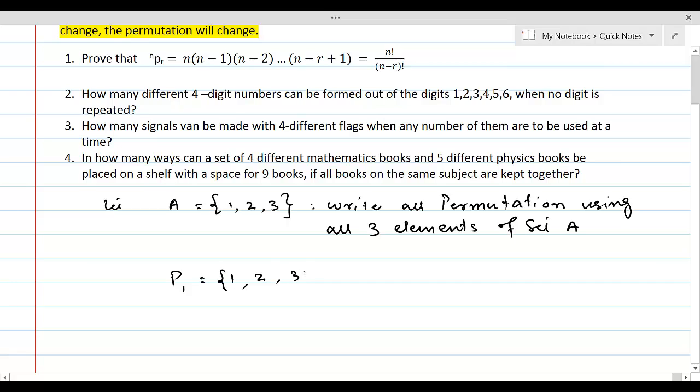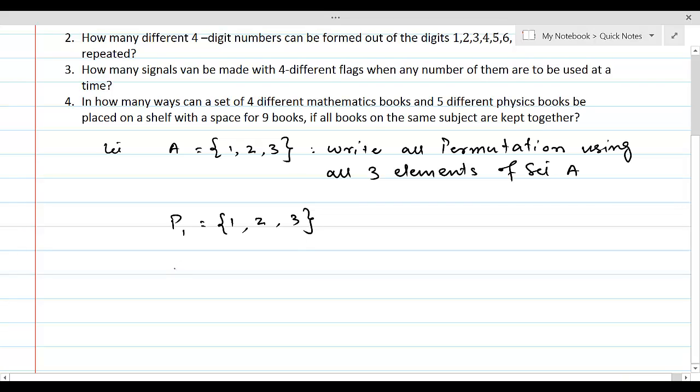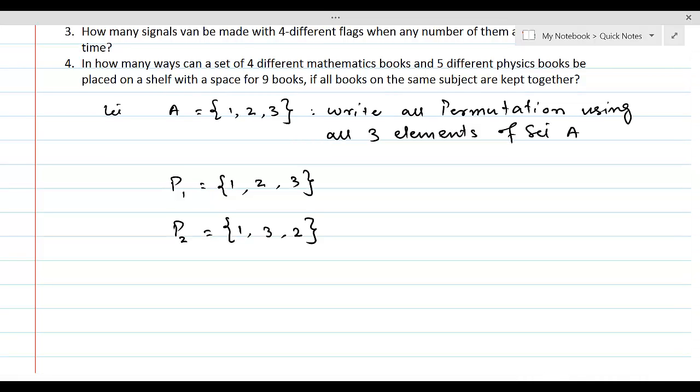Let's keep it in the form of a set, and P2 would be equal to, we will have the first element the same, and switch over the second and third elements, 3 and 2. Certainly this is a different arrangement of writing numbers, so essentially this is called a different permutation.